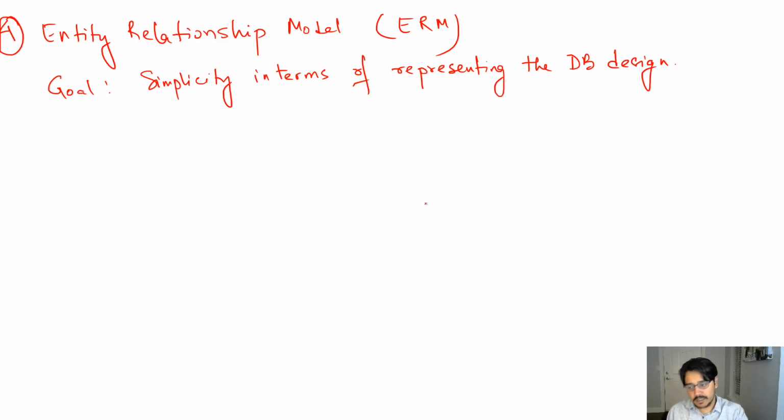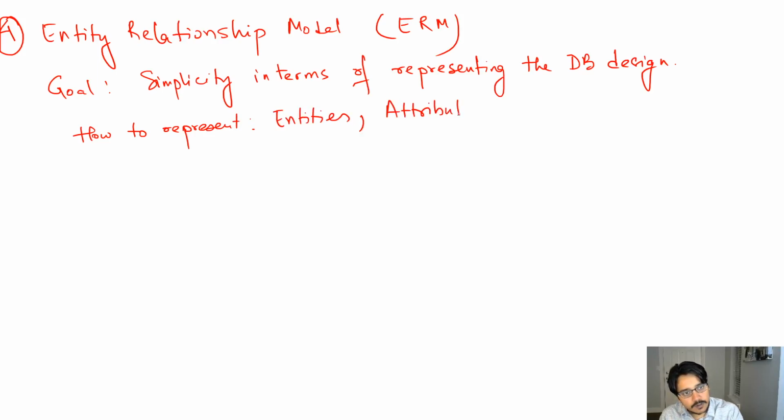That was its main motivation, right? So it gives us tools and techniques in order to achieve the same, right? So it gives us specific components, that is how to represent things such as entities, then attributes and then relationships.